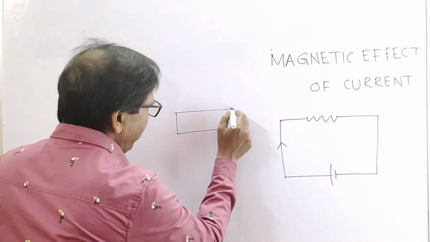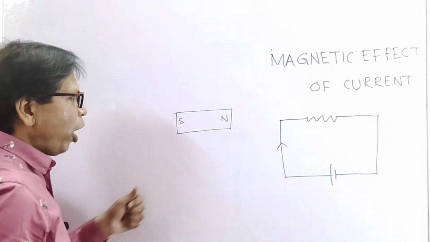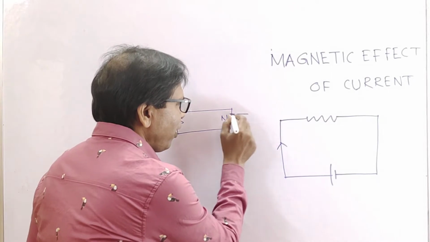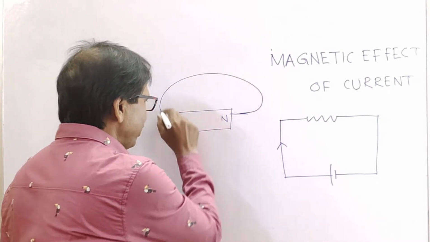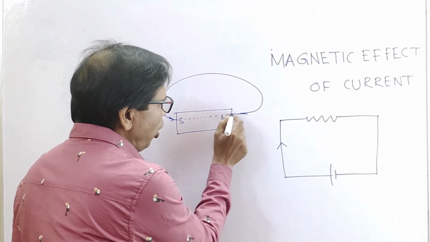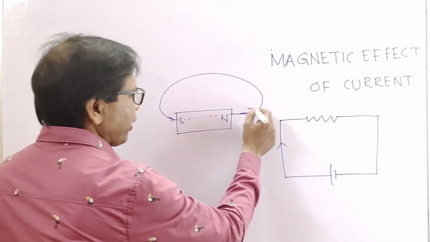Look at this, this is a magnet. It has a north pole and south pole. Now magnetic field lines emerge from the north pole and finally merge at the south pole, and inside the magnet it moves from south pole to north pole. Okay, look at this.